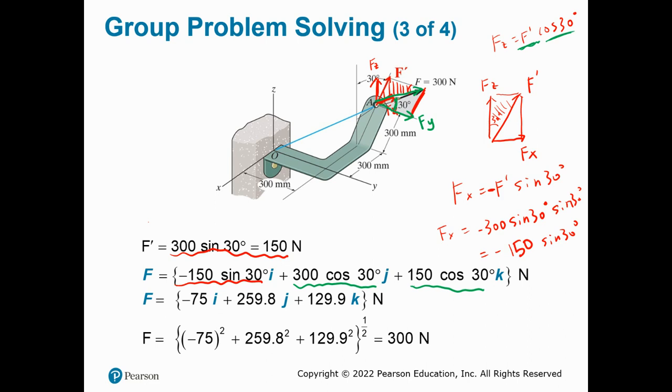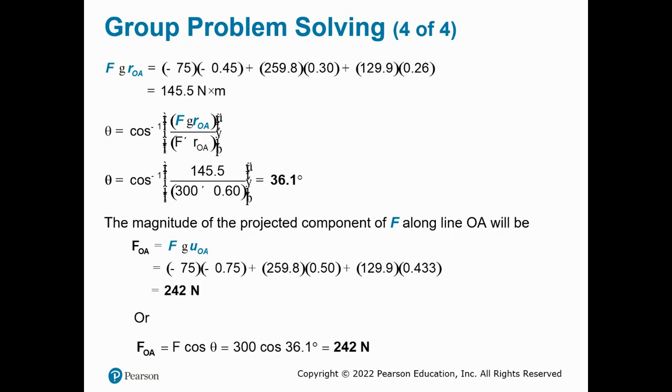All right, plug in your calculator, get the force vector, and we can use our Pythagorean theorem to find the magnitude of this force. Later, we're going to do the dot product, force vector dot position vector OA. That will give me a scalar, a numerical value.